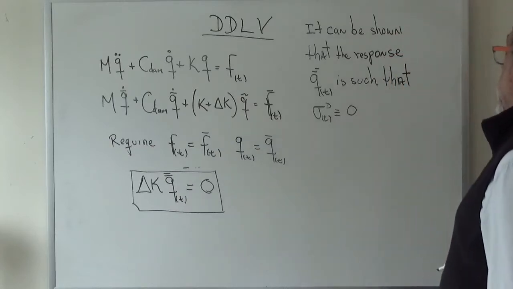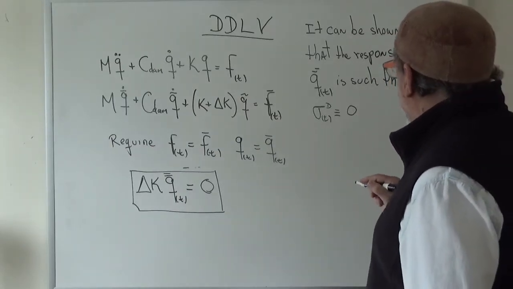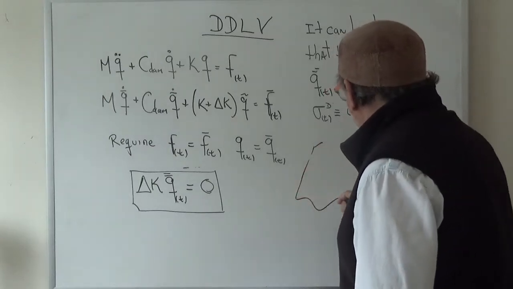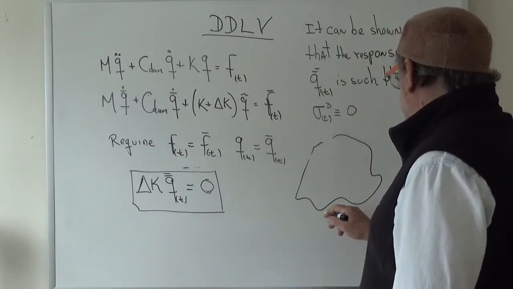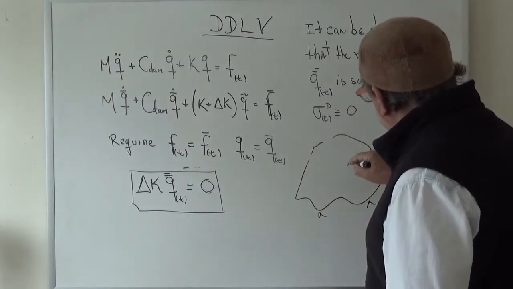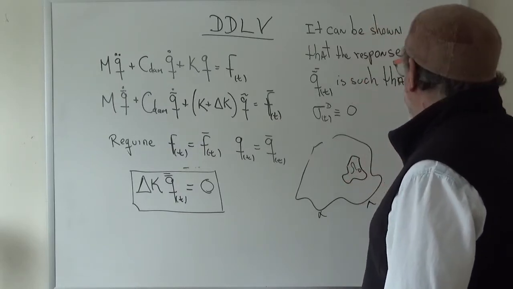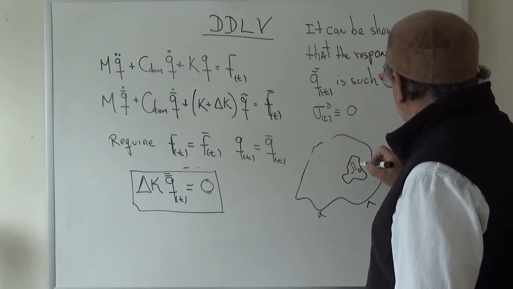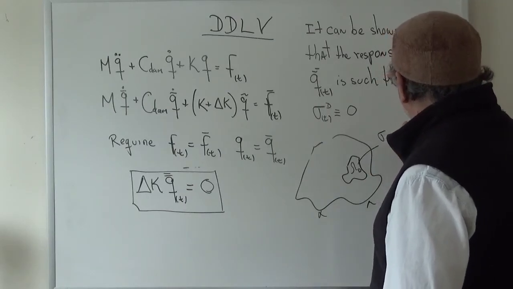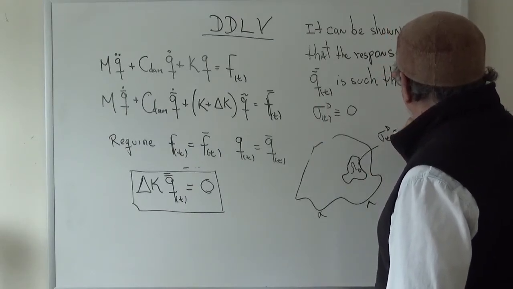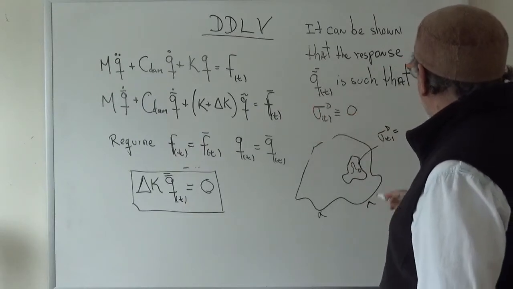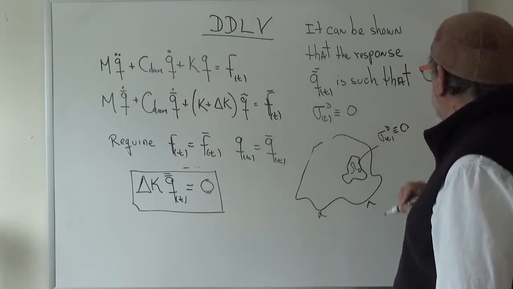That means if there is any part of the domain, to do it in general, let's say this is the structure, and let's say this part over here is where the damage was located. Then in this region, the stress field for all time that the response is Q double bar is identically 0.